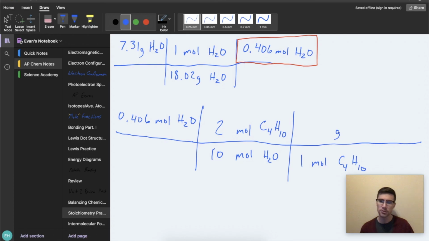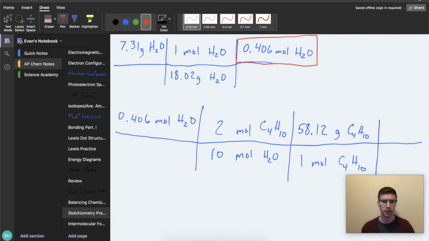How many grams of C4H10 are there? Well, if you add up 4 times 12.01, which is carbon, and 10 times 1.01, which is hydrogen, you'll get an overall molar mass of 58.12 grams. So that is the molar mass of butane. And that ends us with grams of butane, which is awesome.